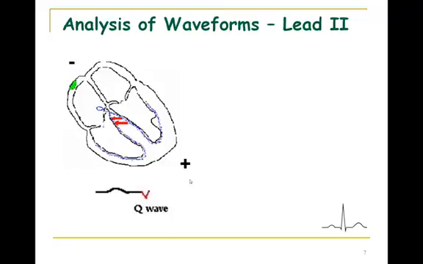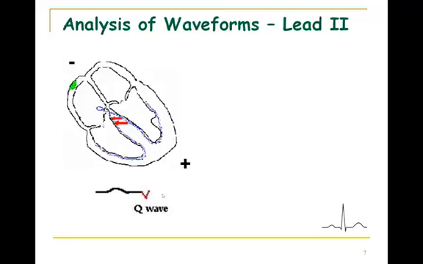The first Purkinje fibers off the bundle branches are the left ones. So the direction of average current flow tends to be a little bit from left to right. So you'll notice the vector is running more towards the negative recording electrode. So the Q wave is a downwards deflection. It's always a downwards deflection.